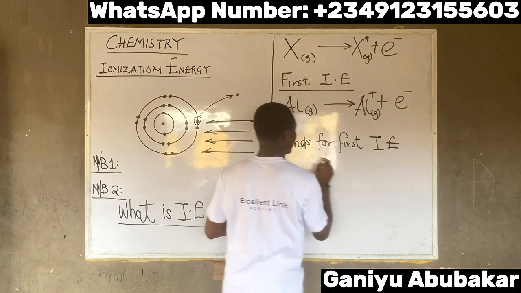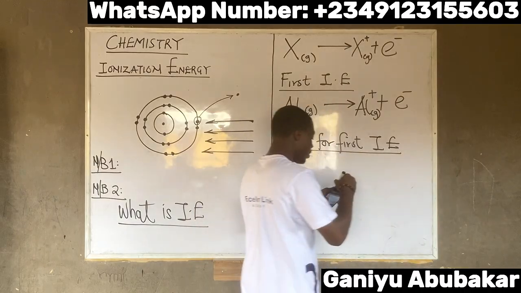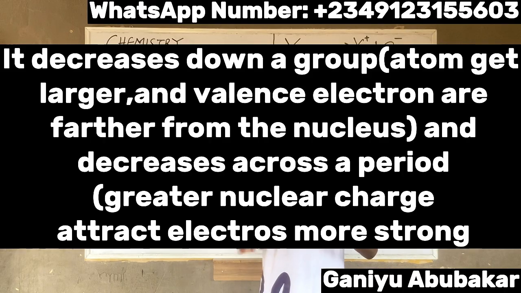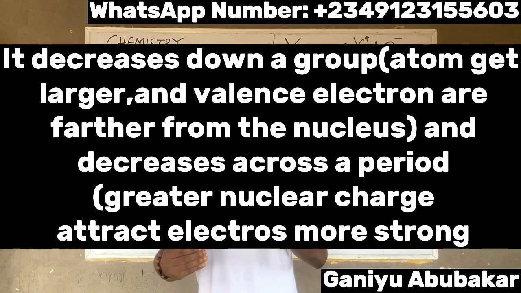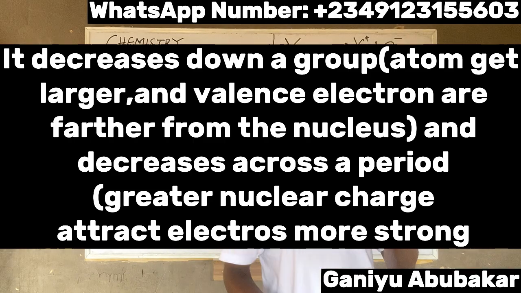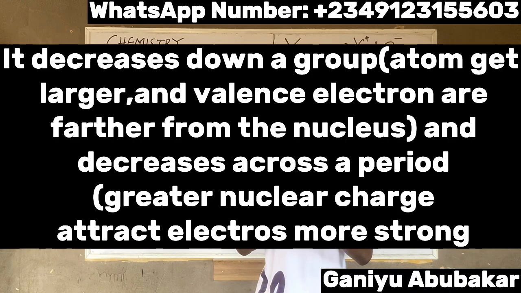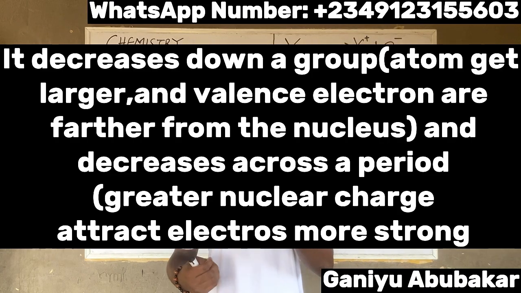It decreases down a group (atoms get larger and valence electrons are farther from the nucleus), and increases across a period (greater nuclear charge attracts electrons more strongly).